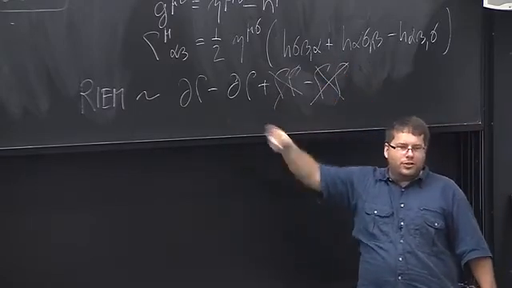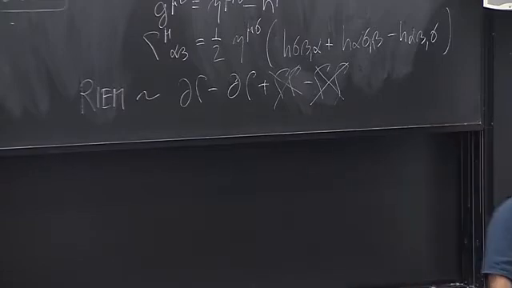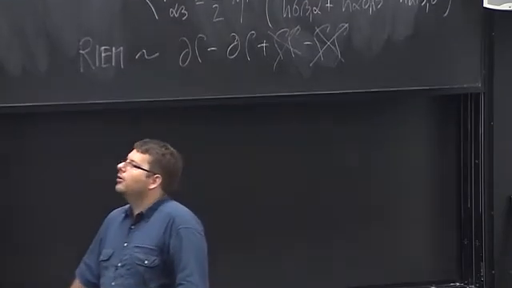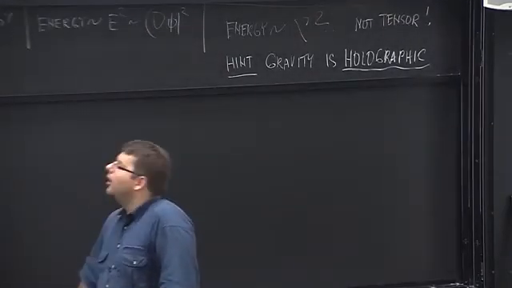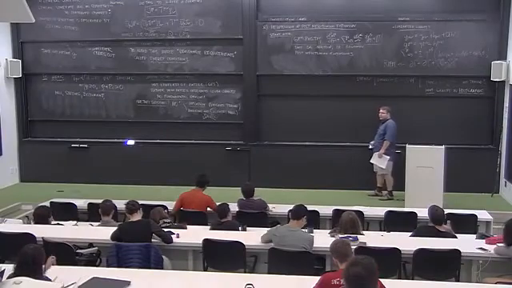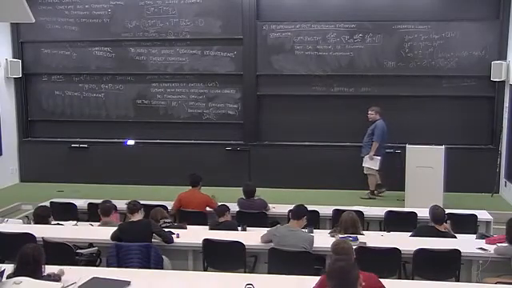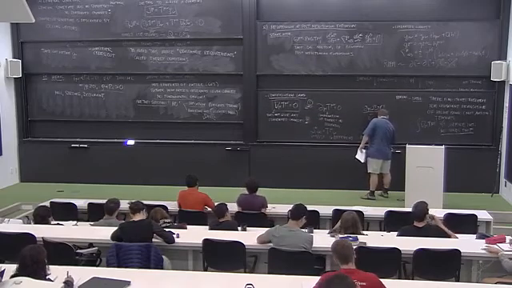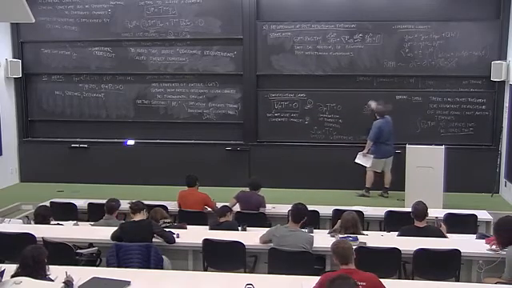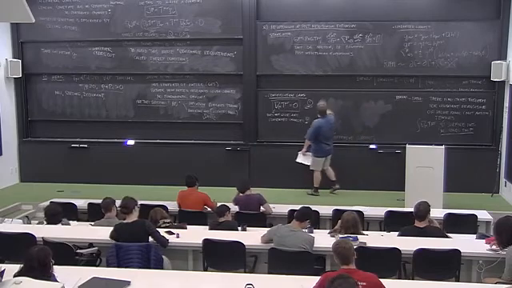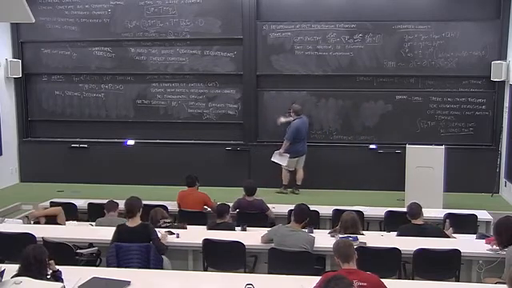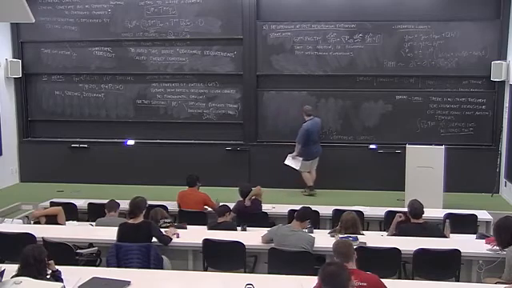All you have to calculate is derivatives of the Christoffel symbols, and you will do it in your homework. Once we have the Riemann tensor, we can also find the Ricci tensor by contracting two indices, and you can also find the Einstein tensor. There are a couple of steps missing, which you will fill in in your homework.